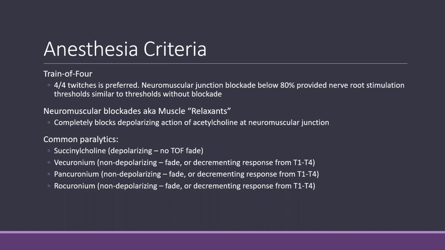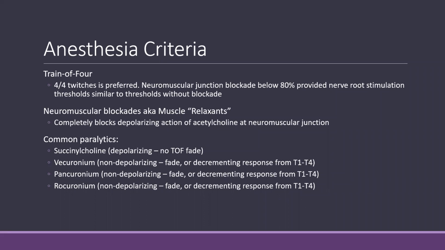Neuromuscular blockades or muscle relaxants completely block the polarizing actions of ACH, acetylcholine, at the neuromuscular junction. Common paralytics that you'll see in the OR will include things like succinylcholine, which will usually be used at induction. It's a short-acting depolarizing neuromuscular blockade. So it's going to depolarize all those muscles to fatigue.